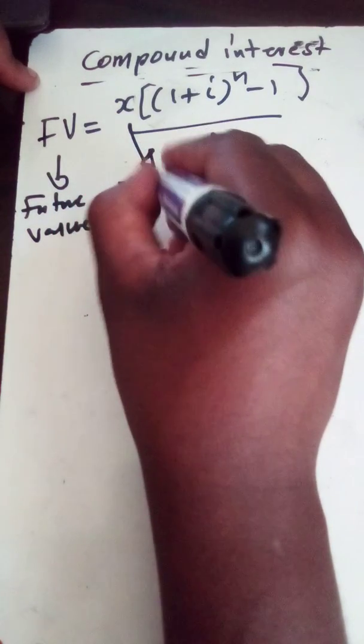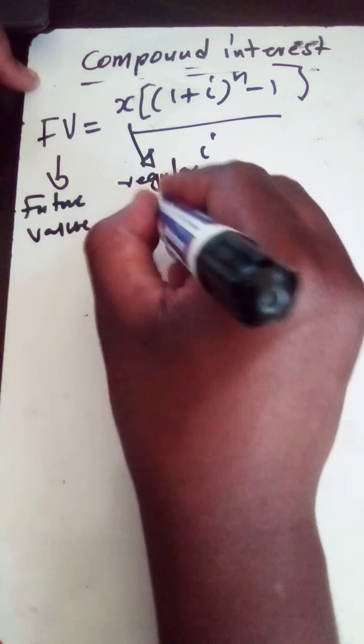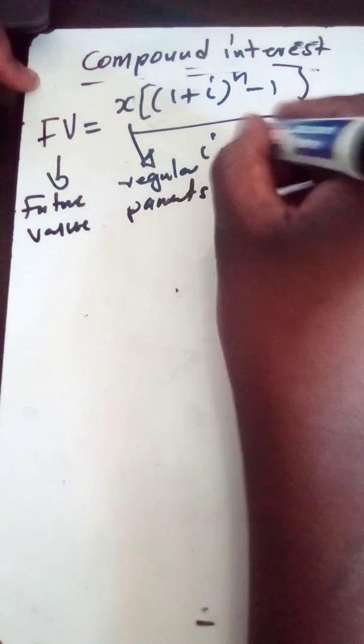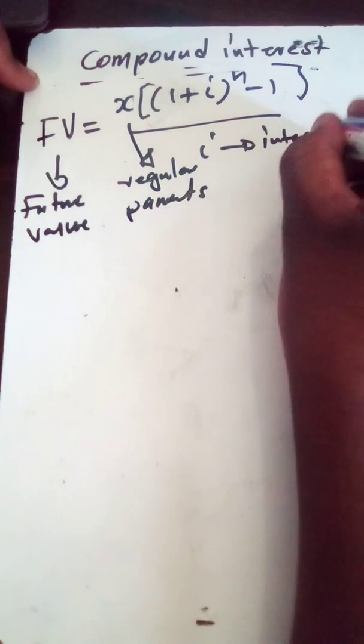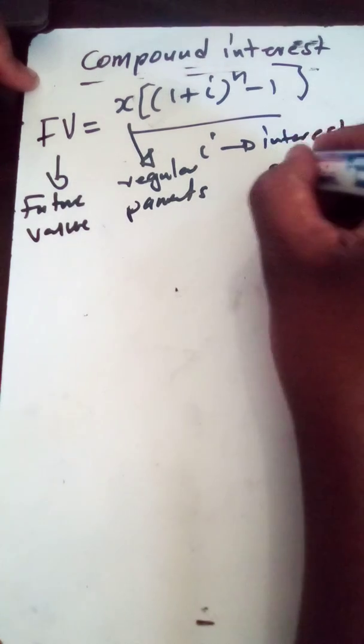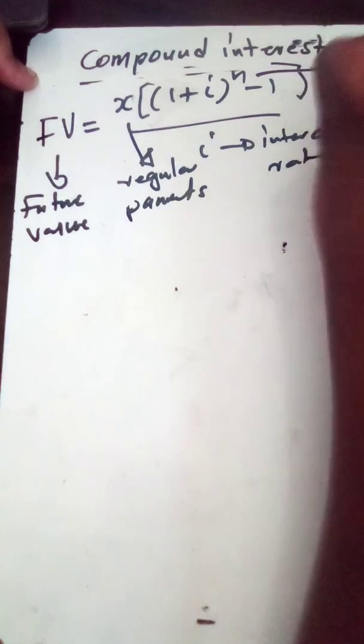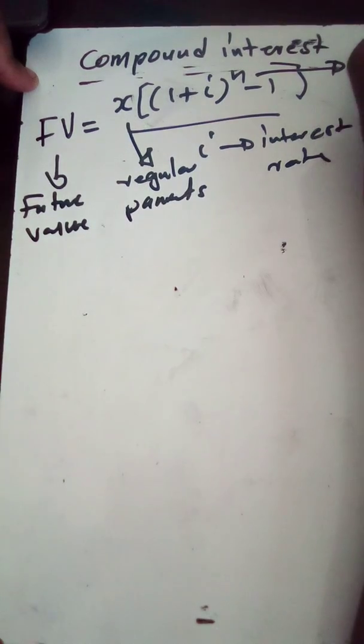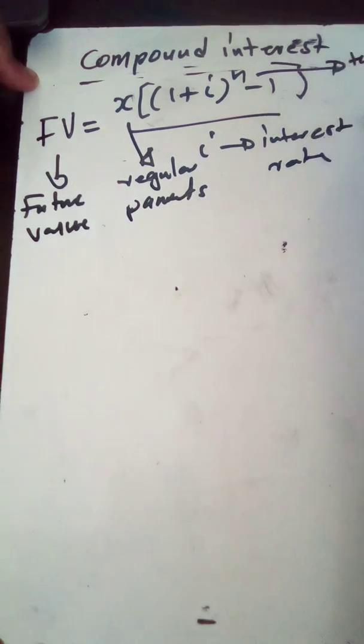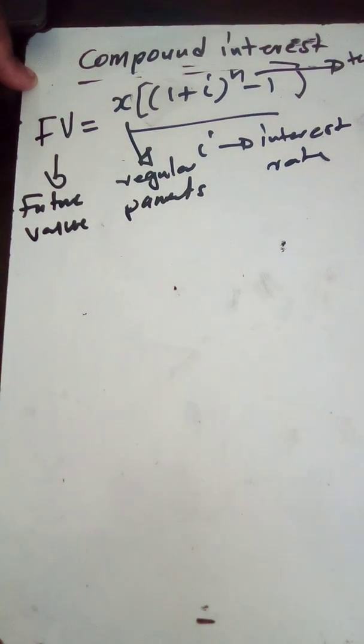This x represents a regular payment, this I is the interest rate, and n is the number of years, the term.